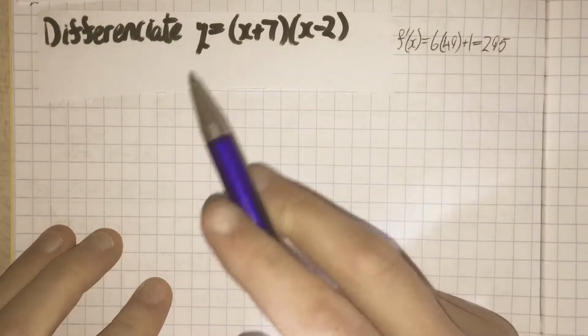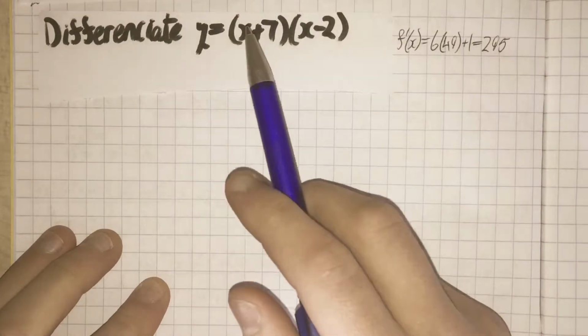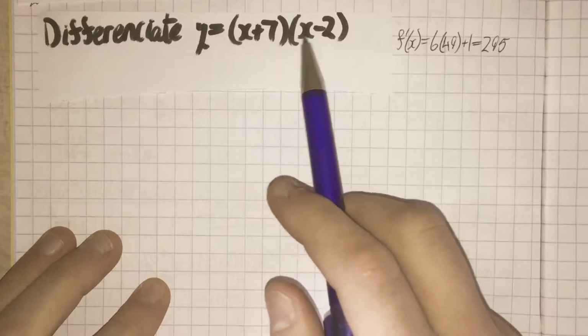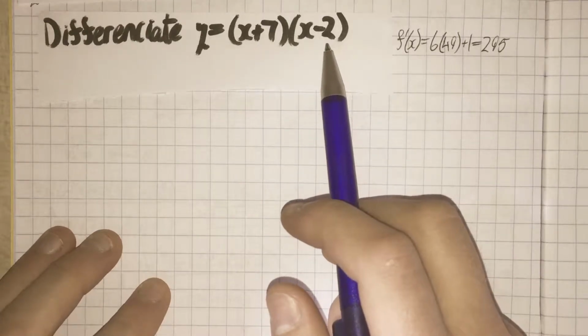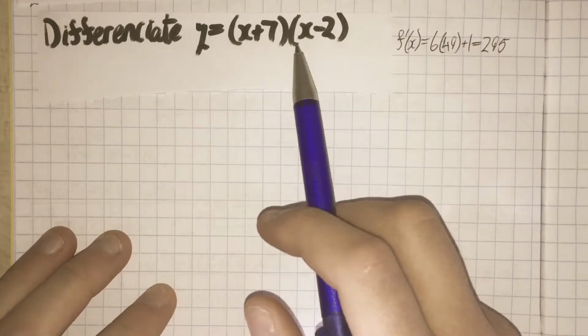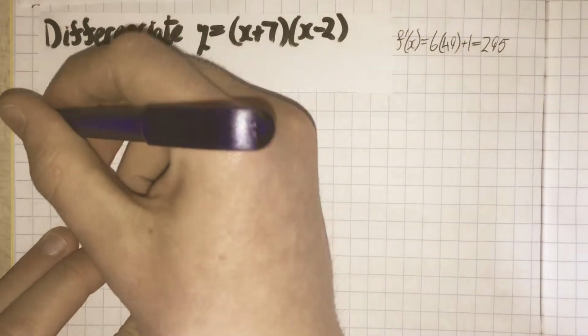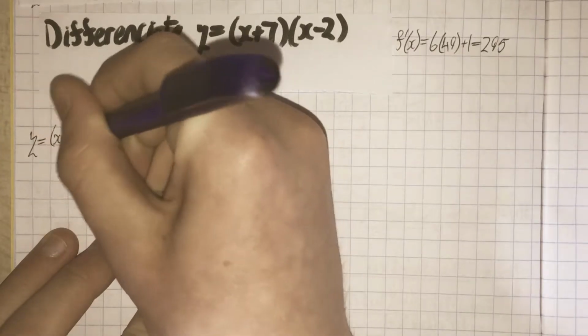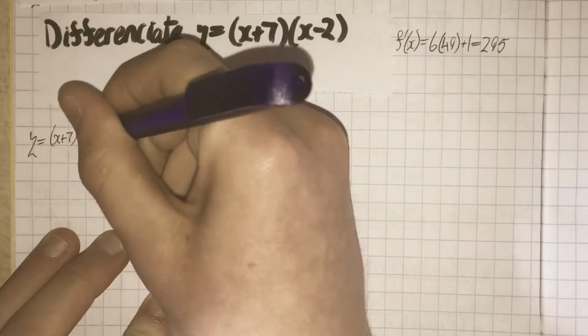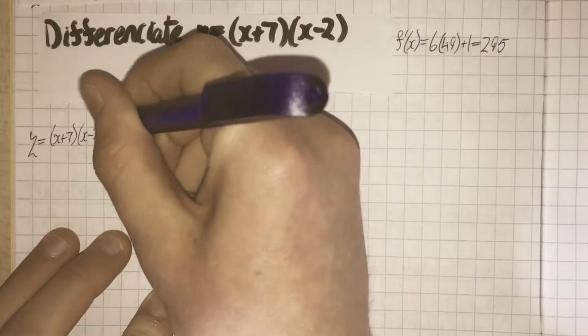Right. So if you're thinking to differentiate this, you can just get 1 plus 0 times 1 minus 0. Well, that is incorrect. First, we must expand. So y equals x plus 7 and x minus 2.